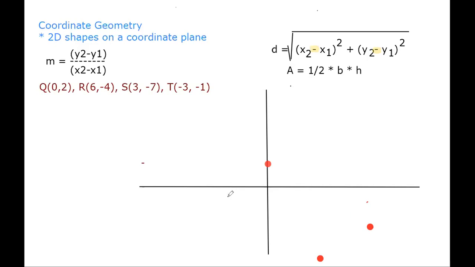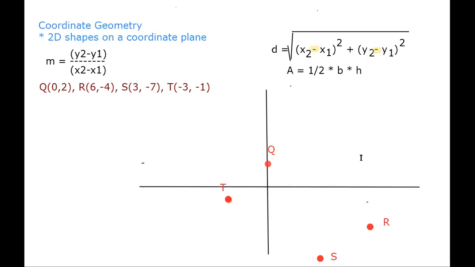And negative 3, negative 1, right here. So it's that kind of shape. This was Q. This was R. S. And T.